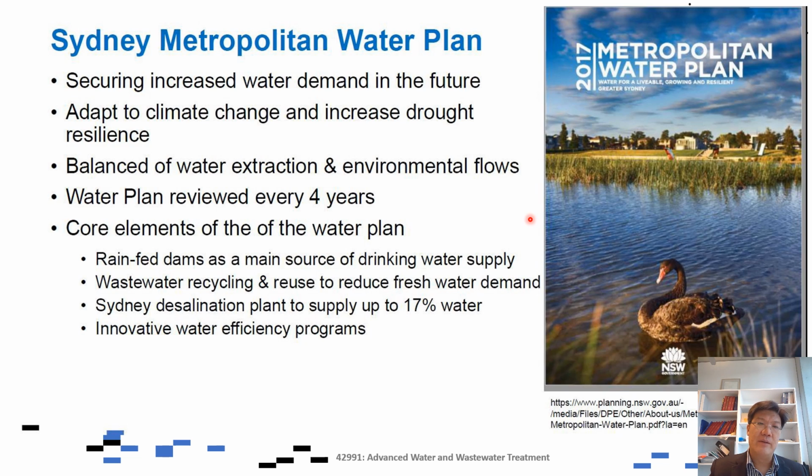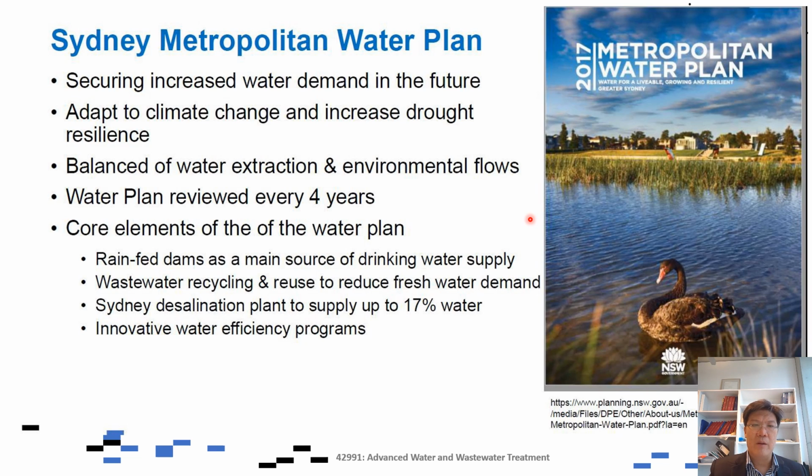The water plan is reviewed every 4 years. The last one was 3 years ago, in 2017. This will give you an idea of how to utilize our water planning in Sydney, and how water people are planning for securing water resources.